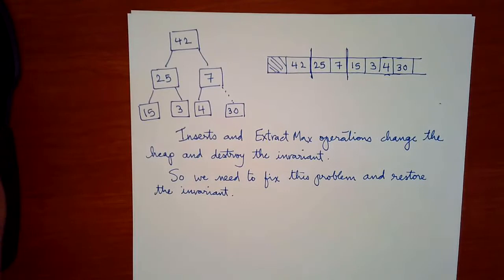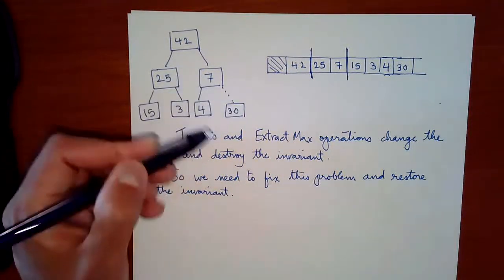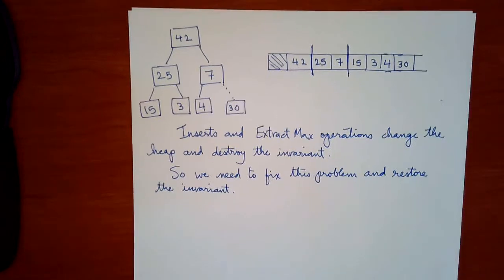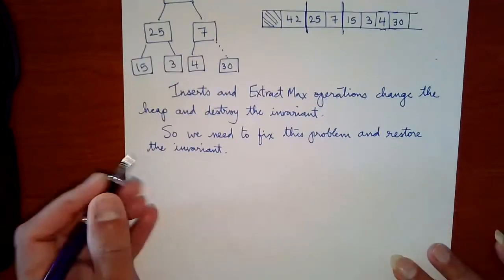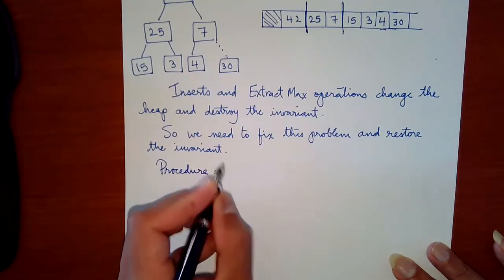Okay, we need to fix the property. Now you could imagine fixing this by maybe shifting some of the values around. And so what we will do is we will formalize this by a procedure called Heapify.